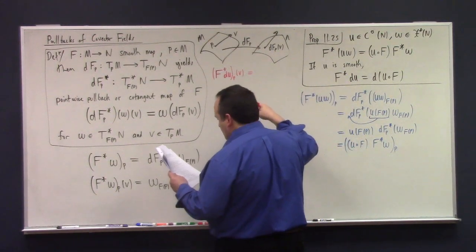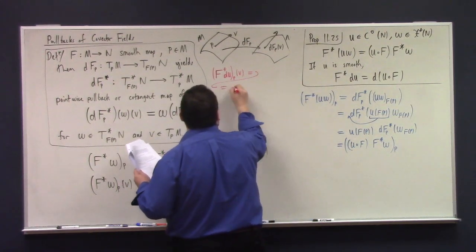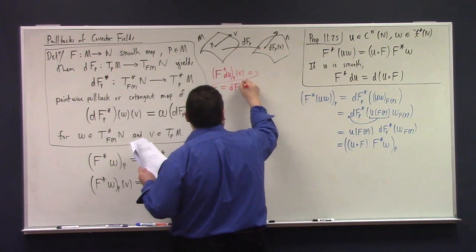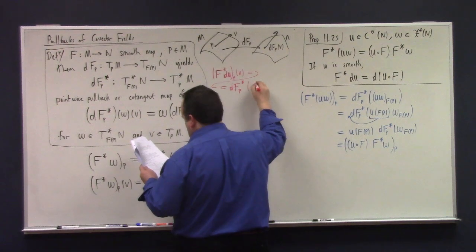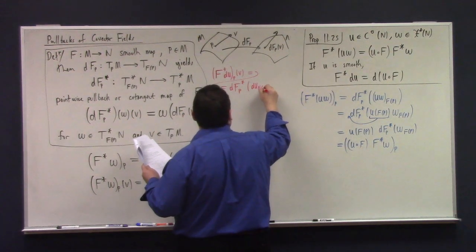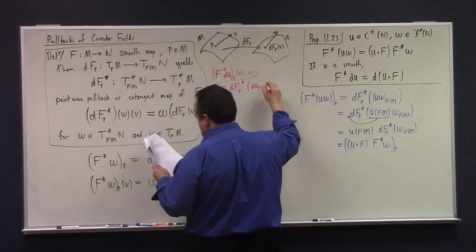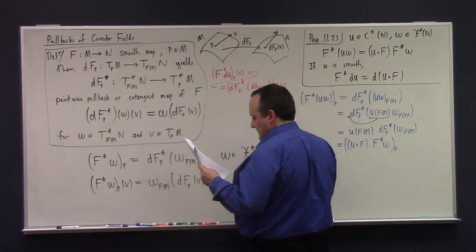This is equal to the cotangent vector here, df star p acting on du at f of p, acting on v.